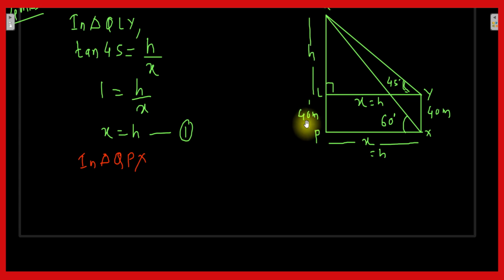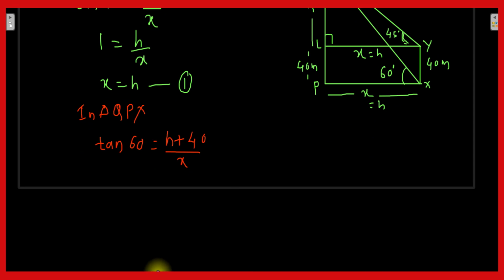Opposite will be H plus 40 upon adjacent is X, and this X is nothing but H. So here tan 60 is equal to H plus 40 upon X, but this X is nothing but H.